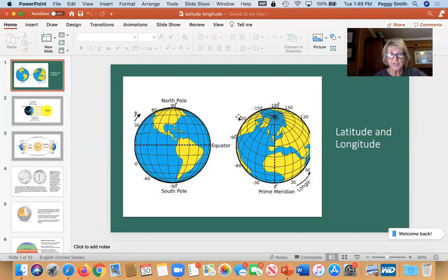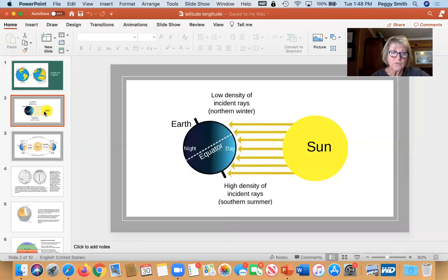But before we understand, we had to do this for a couple reasons. One is to show us where absolute location is. But another one is to explain some of the influences of weather and climate and so on. So before we get more into latitude and longitude, let me talk to you briefly about the Earth and the Sun's relationship. Okay, so you can see that the Earth here is tilted on its axis.